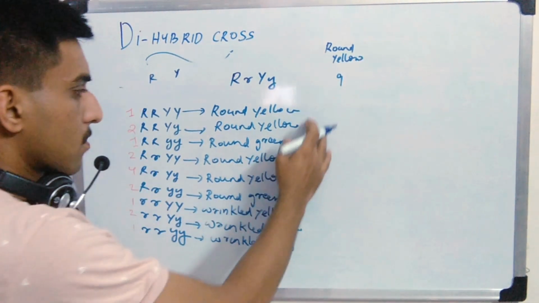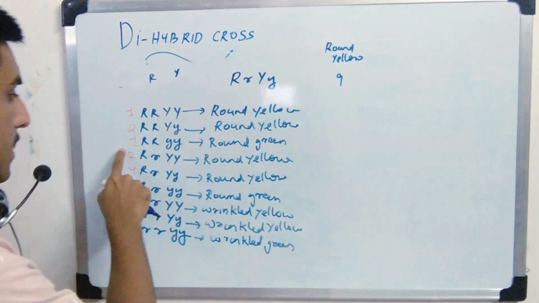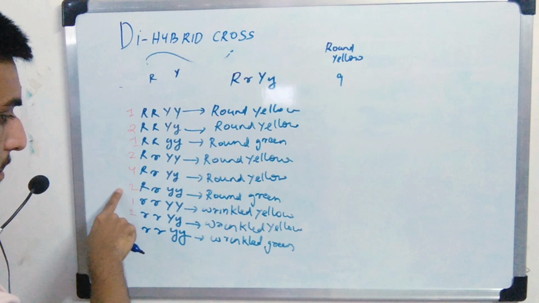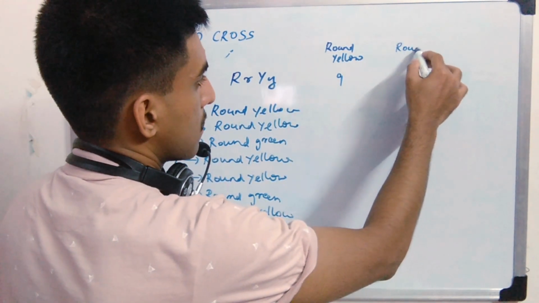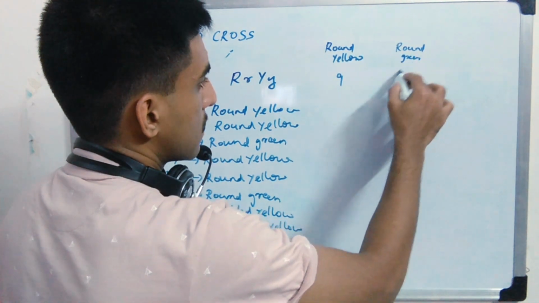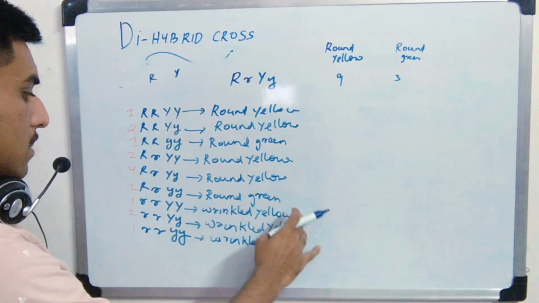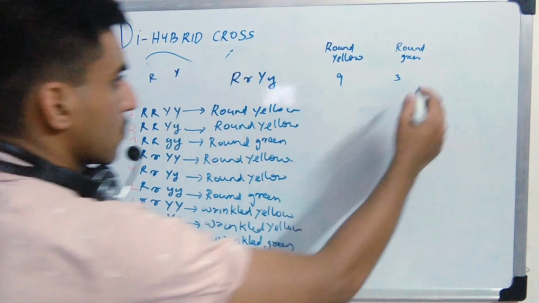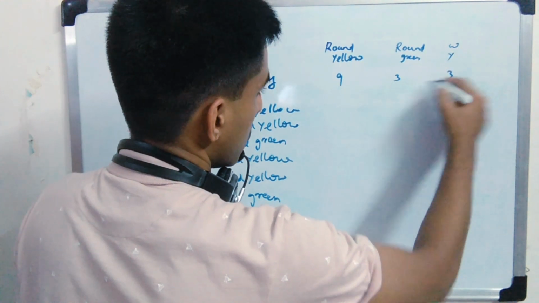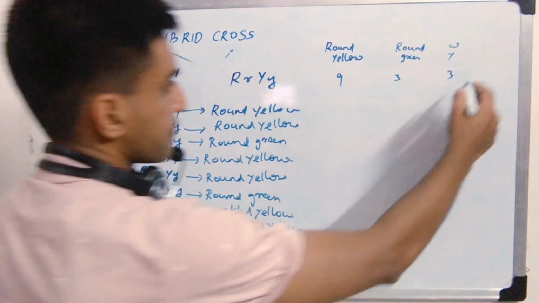Okay, then we are going to look at round green. Round green here 1, then 3, then there is no round green, so round green 3. Okay, now we are going to look at wrinkled yellow. There is only 3 here, 1 and 2. So wrinkled yellow 3, and the last one is wrinkled green, which is only 1 phenotype.